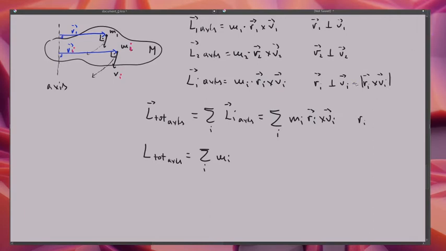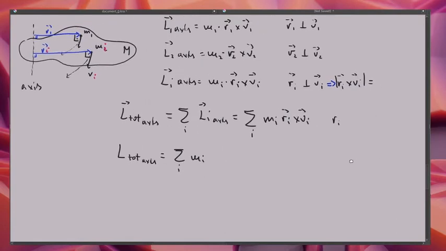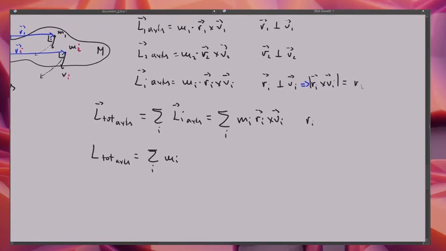So what that gives me is that this whole thing here becomes Ri Vi sine of 90. Sine of 90 is 1, which amounts to just Ri times Vi, where I drop the vector notation.